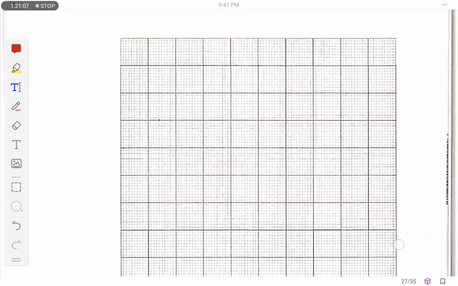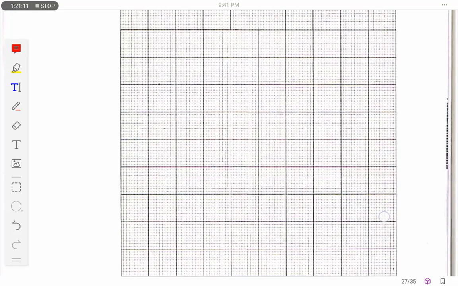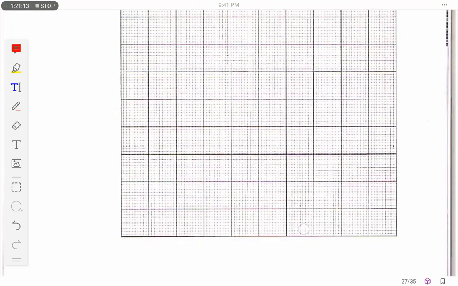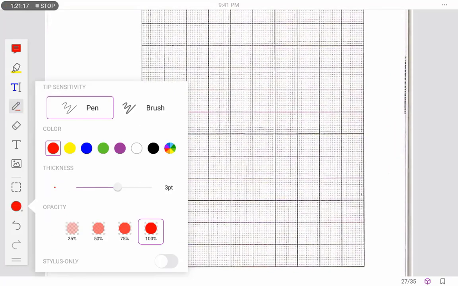So we have our graph, which is starting at minus 10 again. Let's draw our graph first. Okay, something like this. It's starting at minus 10, so I can have it from here. So this is my x-axis. Then my x-axis is at the center.